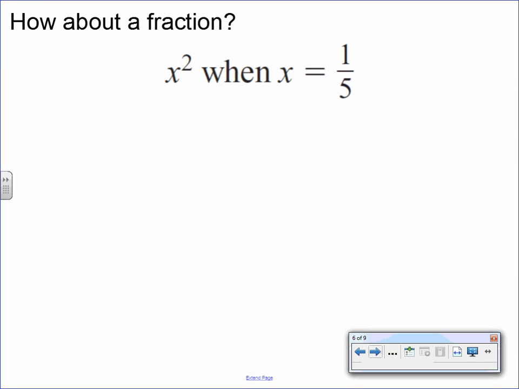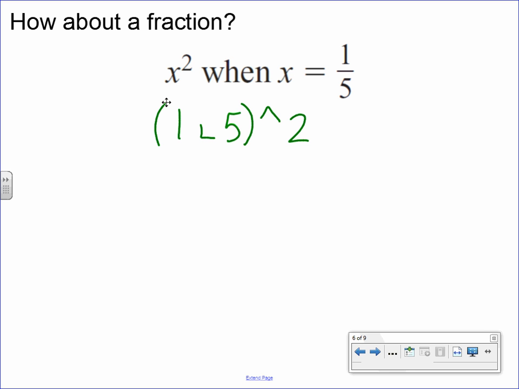Fraction. So obviously here you're going to be doing 1/5 squared. I just want to talk about how you put the fraction in the calculator. On older versions of the calculator, like the TI-30, it probably looks something like this. You hit a little ABC button, and this little thing that looked like an L came up. Does that look familiar? ABC button? Okay. And then you typed it in like that.